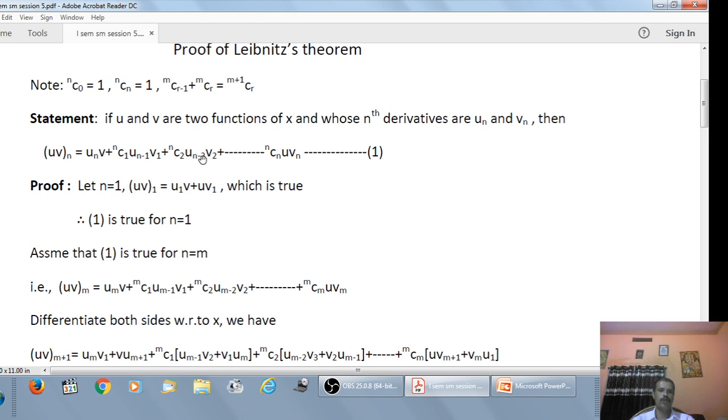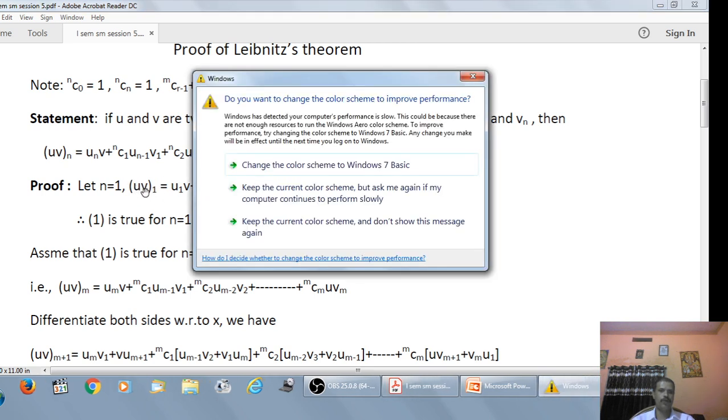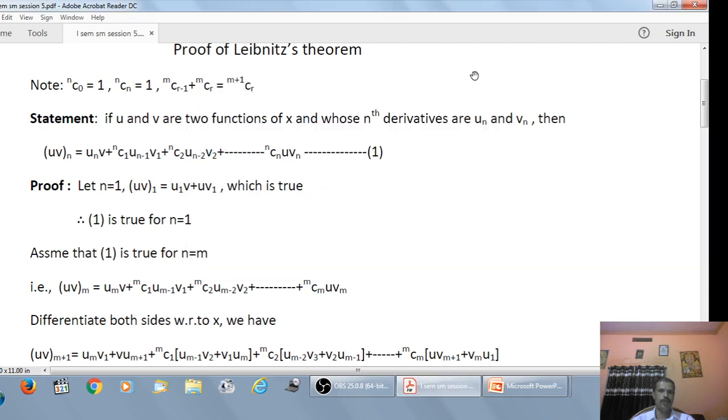Here u minus 1 is meaningless. Minus 1 derivative of u is meaningless. And that means this 1 is valid up to the second term, uv1. And this is the first derivative of the product of two functions, and we already know this. First function u into the derivative of second, v1, plus second function v into the derivative of first, u1.